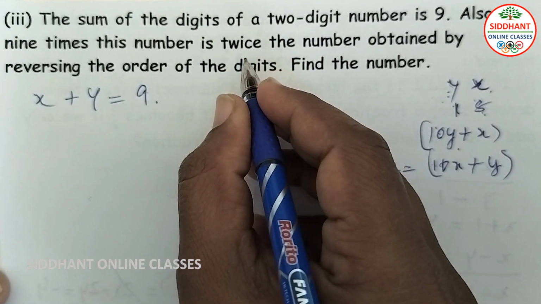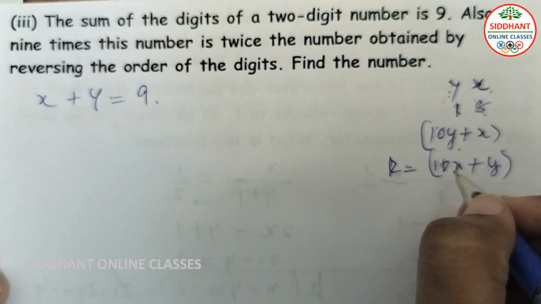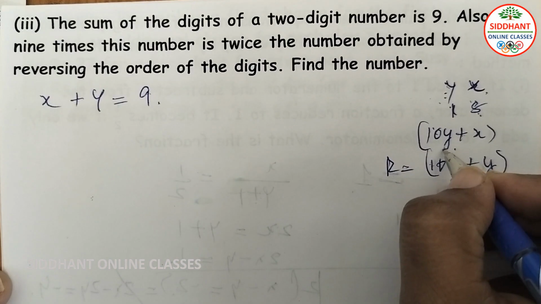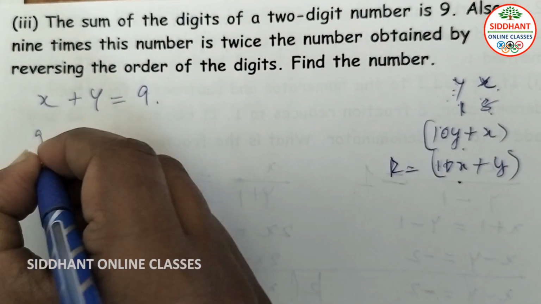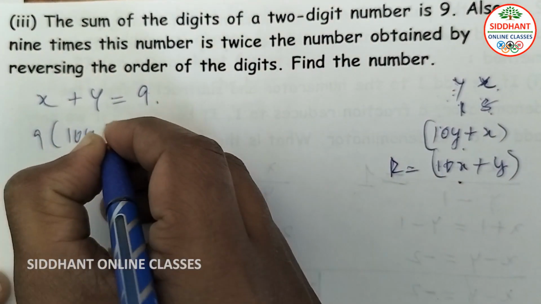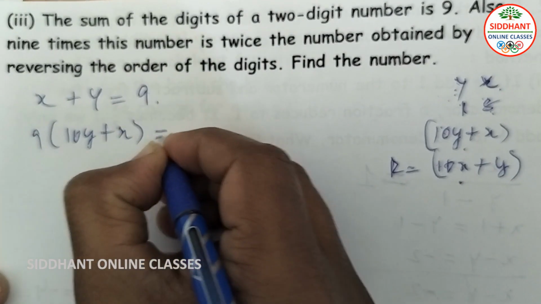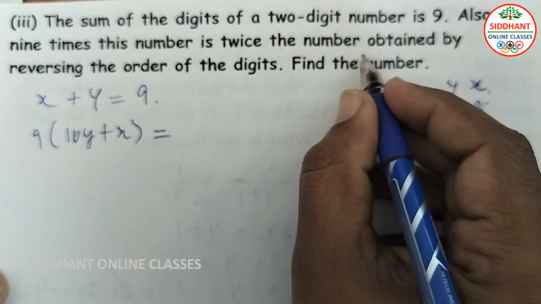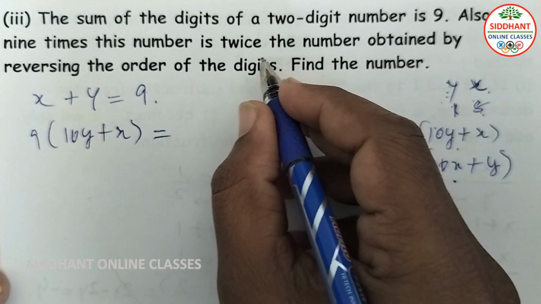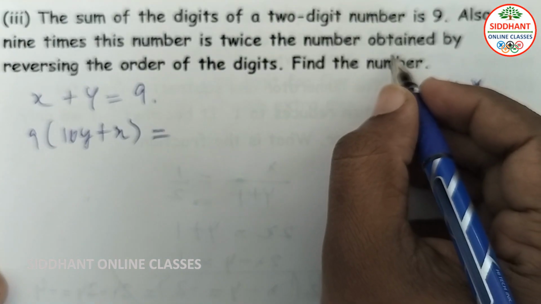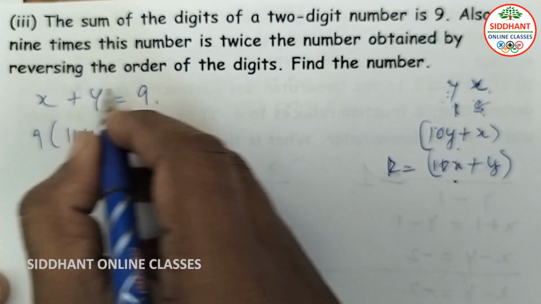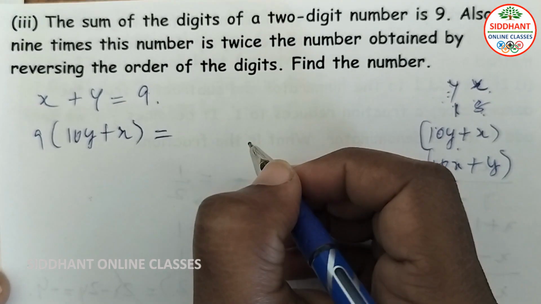9 times this number means what is this number, which is 10y plus x. That means 9 into 10y plus x, and which will be equal to twice the number obtained by reversing the order of digits.